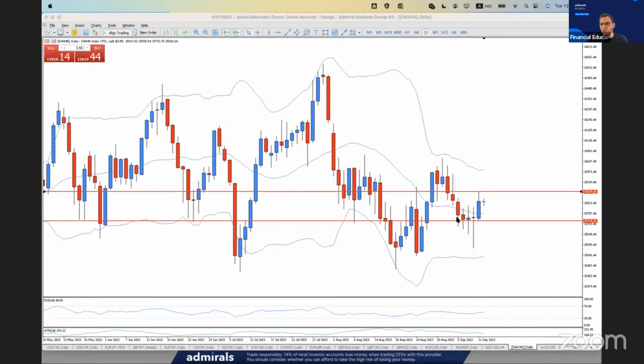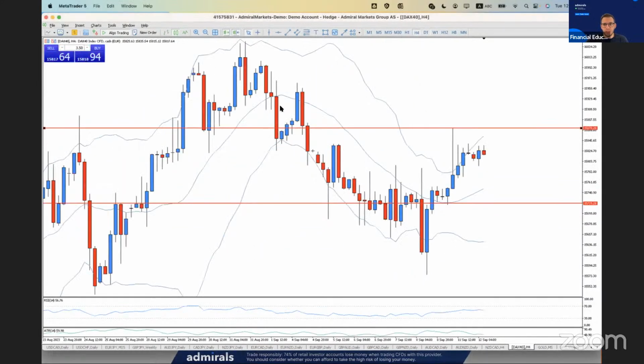And if you want to trade like we used to trade the last couple of days, you can feel free to reduce your lot size if you are trading with quite big lots.